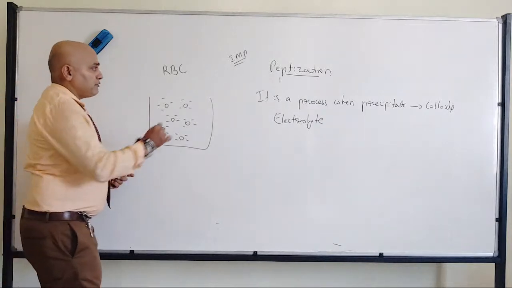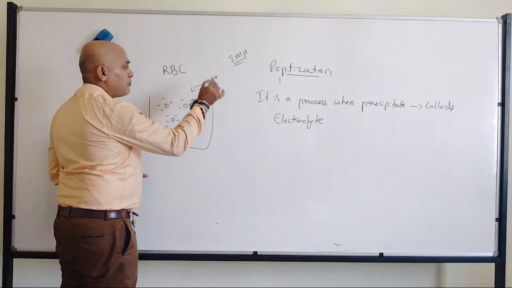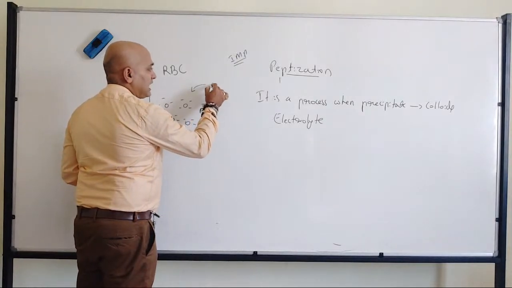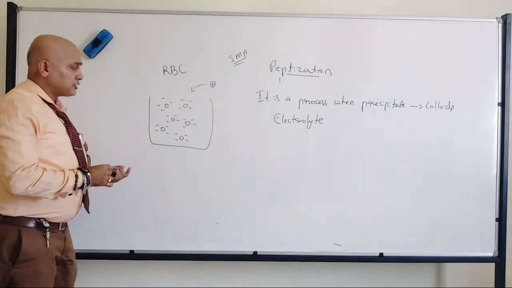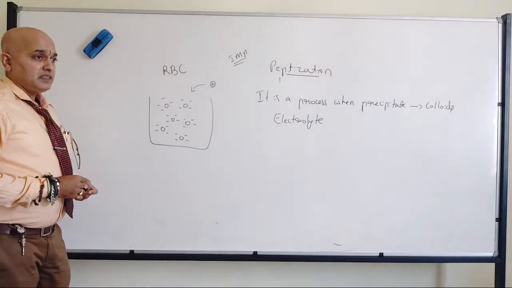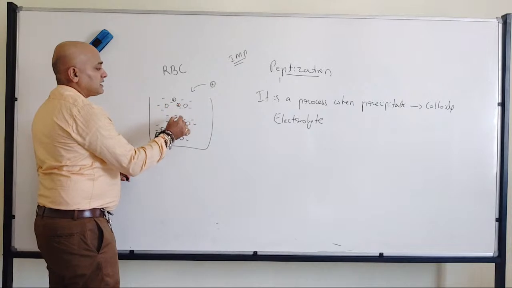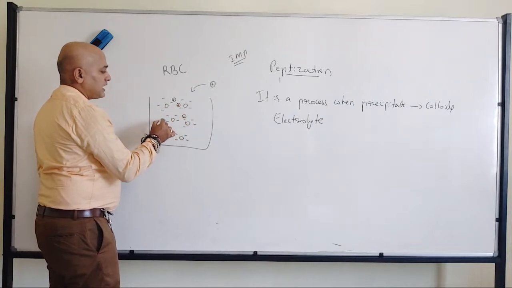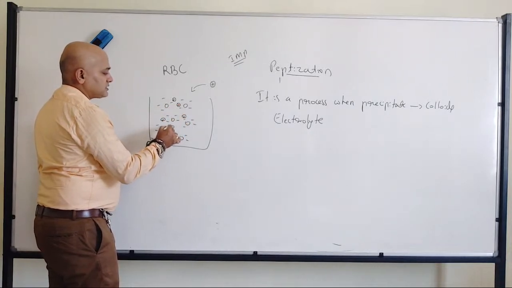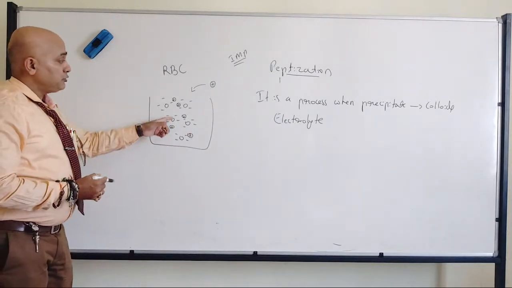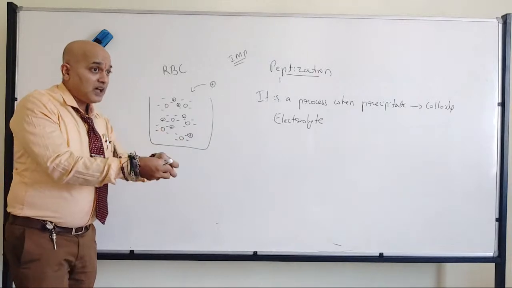Now, what I will do is add some amount of oppositely charged electrolytes to the solution. Now what will happen? Some of this negative charge will get replaced, or counter-ionized, by the positive charges. So now the particle will become neutral, and due to that they will start getting clumped.